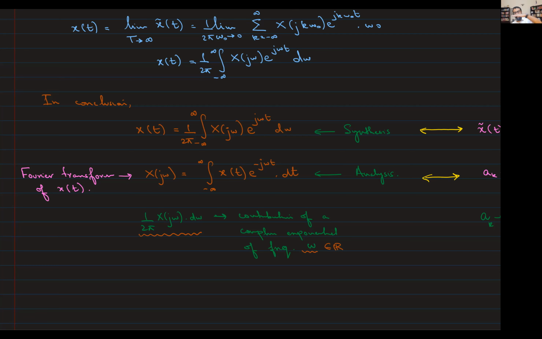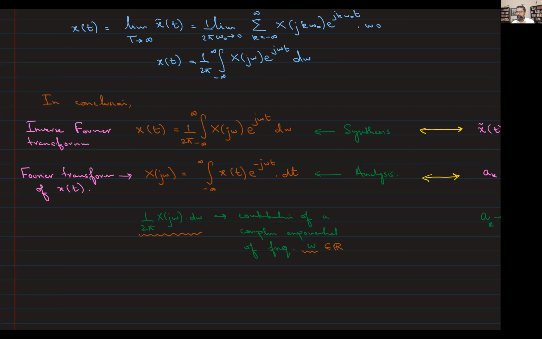It says how the contribution changes as a function of frequency. And the equation up above, the synthesis equation, is often called the inverse Fourier transform. If you're given the Fourier transform, you can determine the time domain signal through the inverse Fourier transform, and together they're often called the Fourier transform pair.